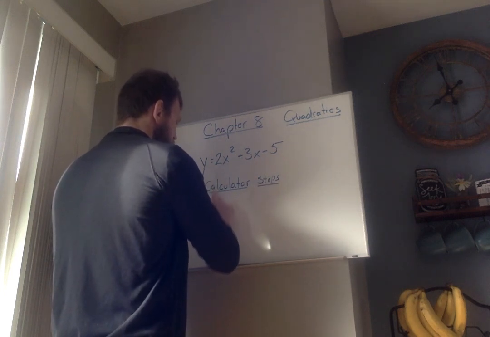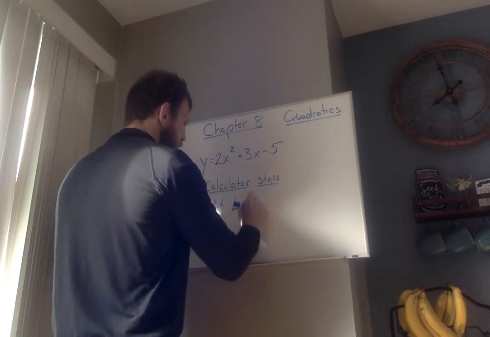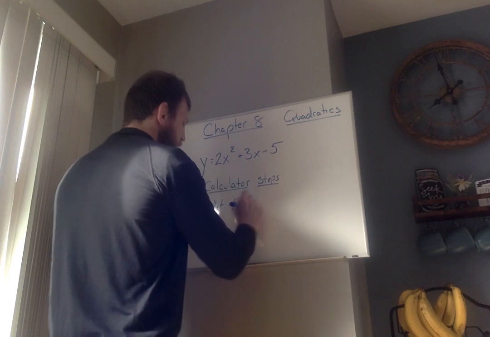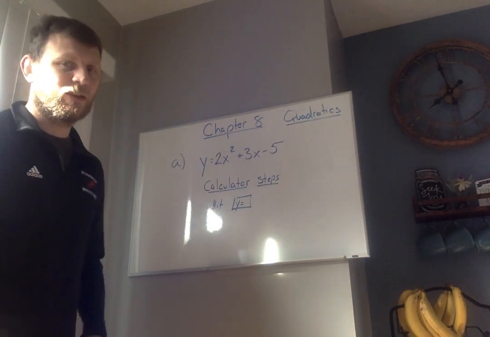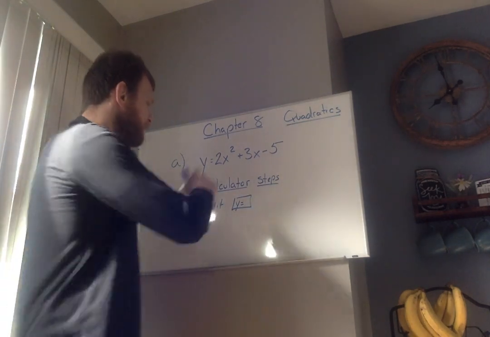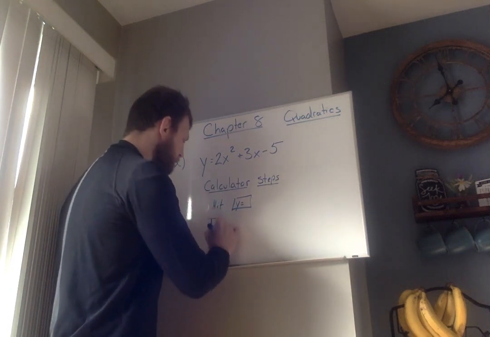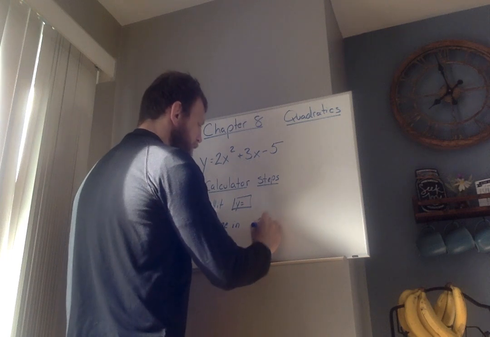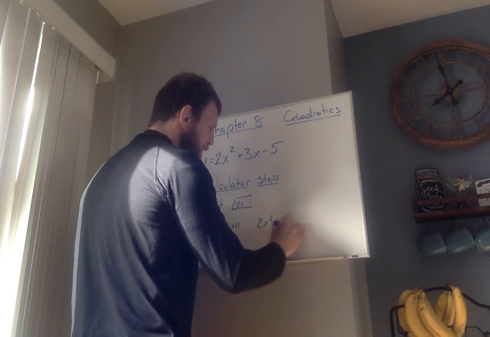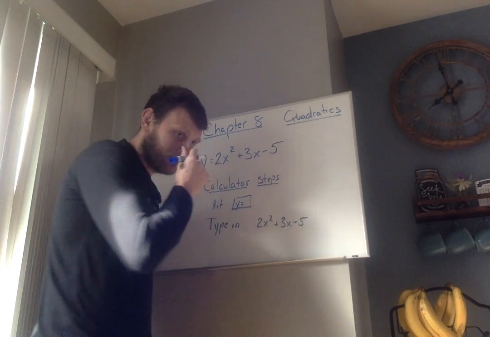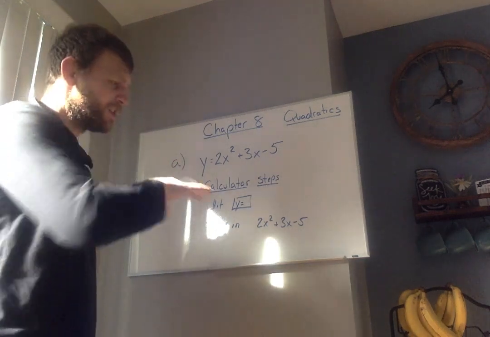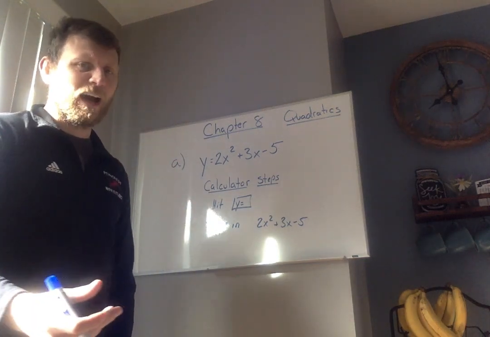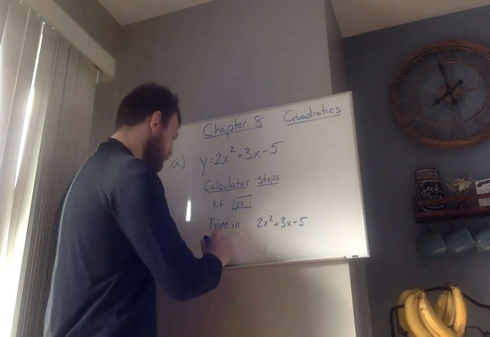You're going to hit y equals. This is in the upper left-hand corner of your calculator. Then you're going to type in 2x squared plus 3x minus 5. All right, so you're going to type that in, and then you're going to go to graph.